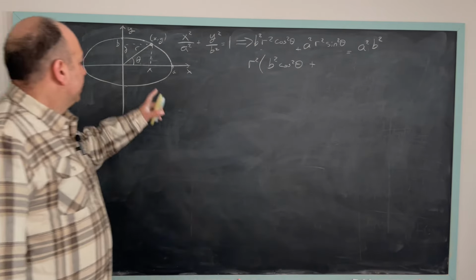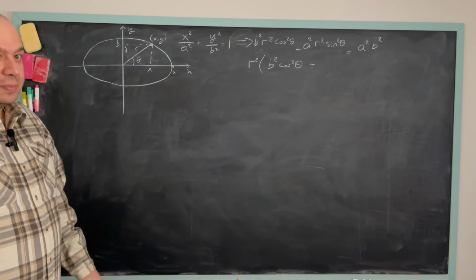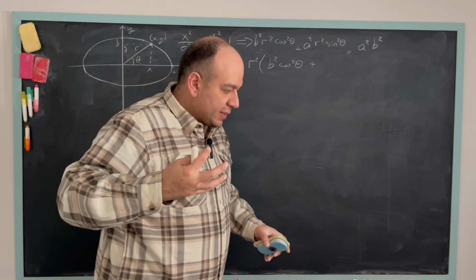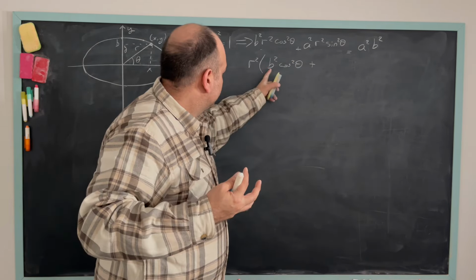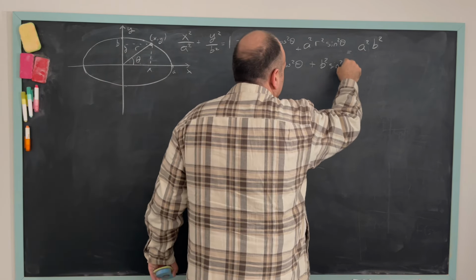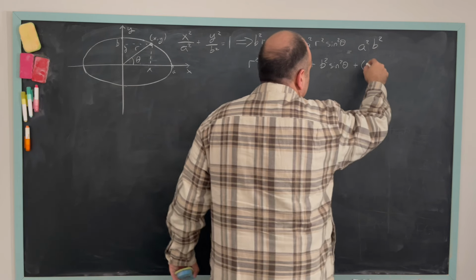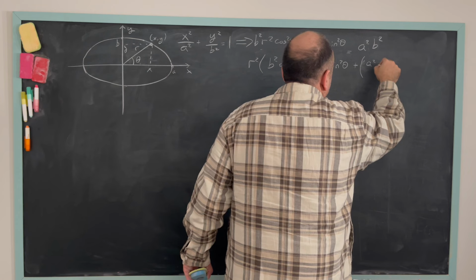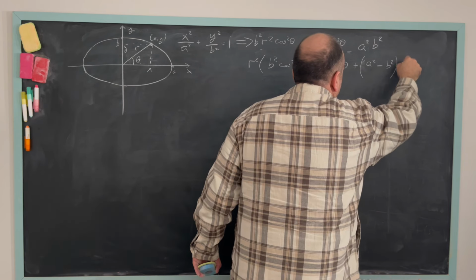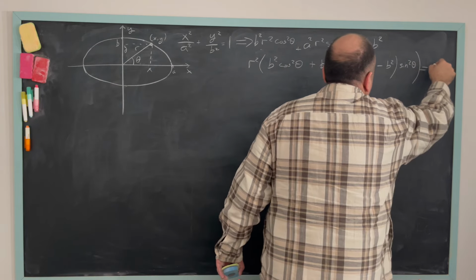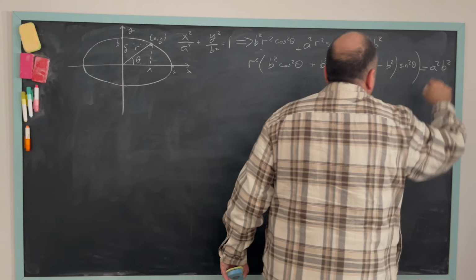Just remember that a is larger than b, right? So in this a square, I'll just separate a b square term, just to match this one here. So I'll have b square sine square theta plus what is left is a square minus b square sine square theta, is equal to a square b square.